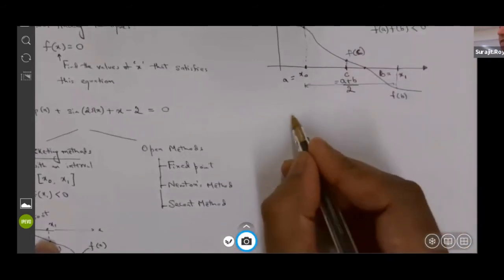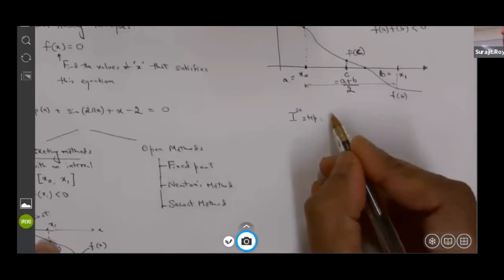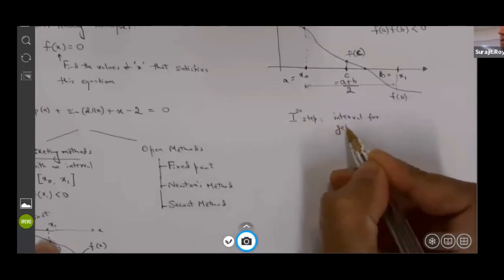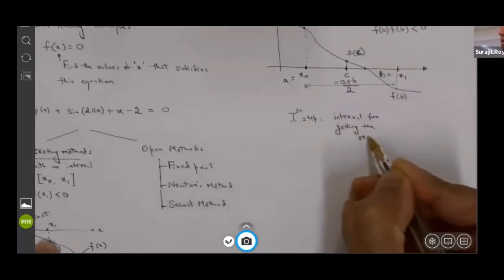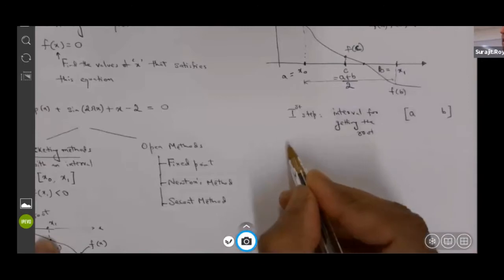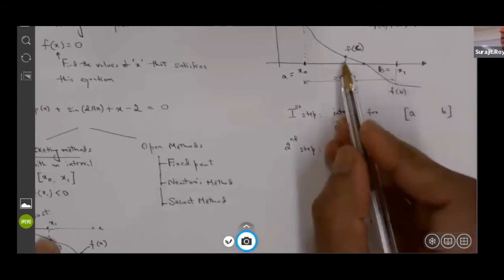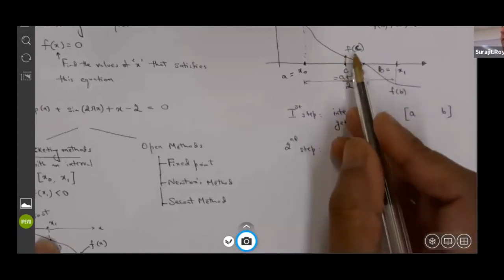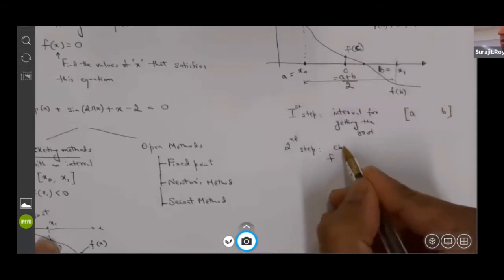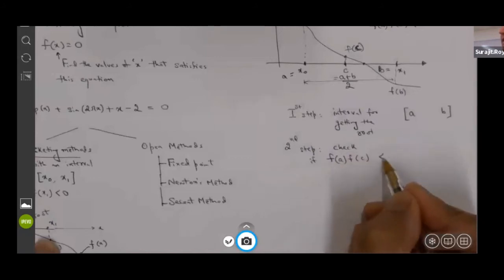So let me say here, in the first iteration, the first step, the interval for getting the root is from A to B. For the second step, you bisect the interval, find the midpoint, evaluate the function, and then check if fa, the function at A, times the function at C is less than 0.